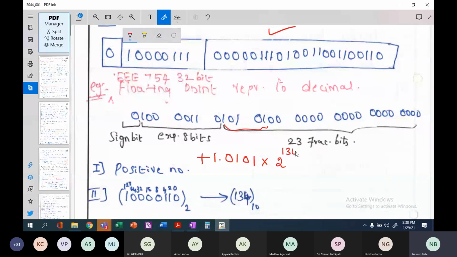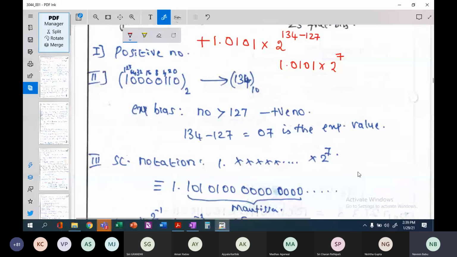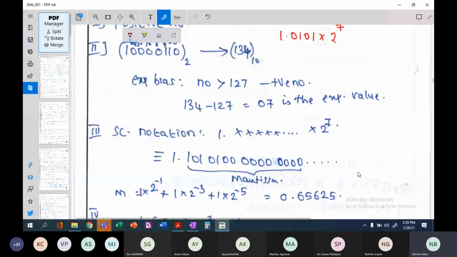Now if you want to get the original number, we have to subtract 127. So 1.0101 multiplied by 2 power 7. Right? 2 power 7. So what is the equivalent decimal value of this? We need to find that out.